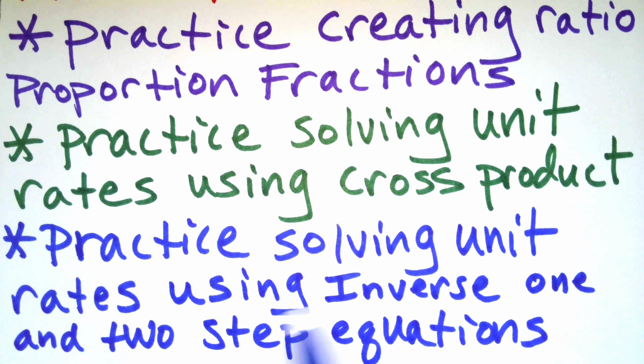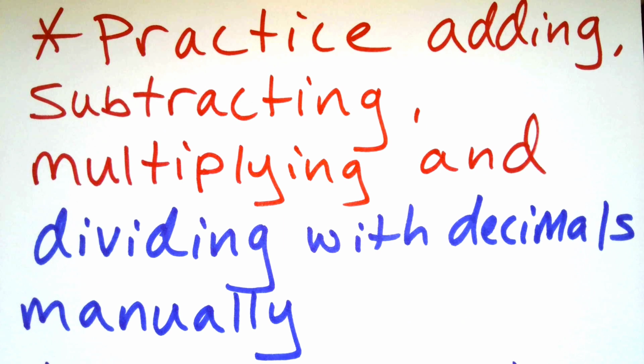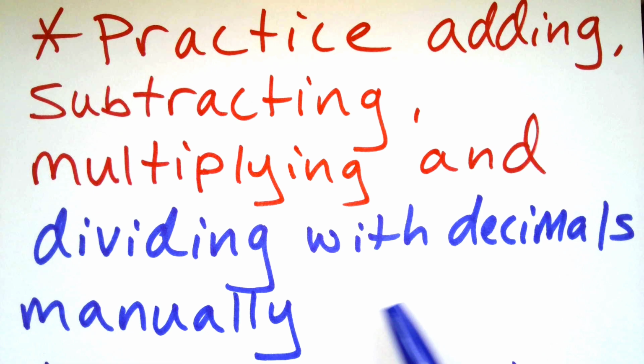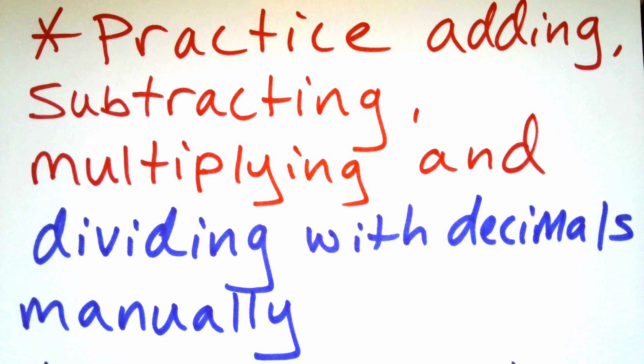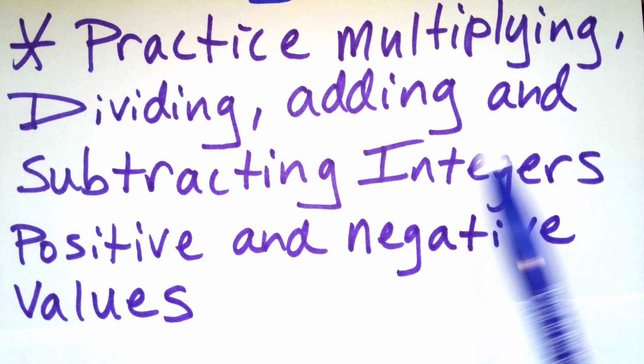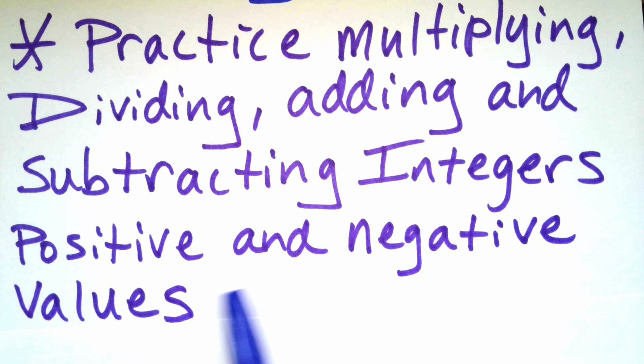Practice solving unit rates using inverse, 1 and 2 step equations. Practice adding, subtracting, multiplying, and dividing with decimals manually. Practice multiplying, dividing, adding, and subtracting integers, positive and negative values.